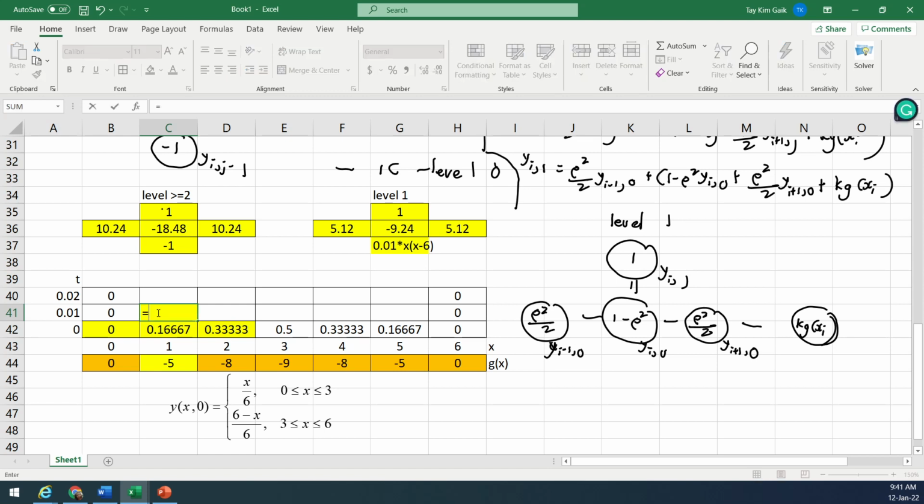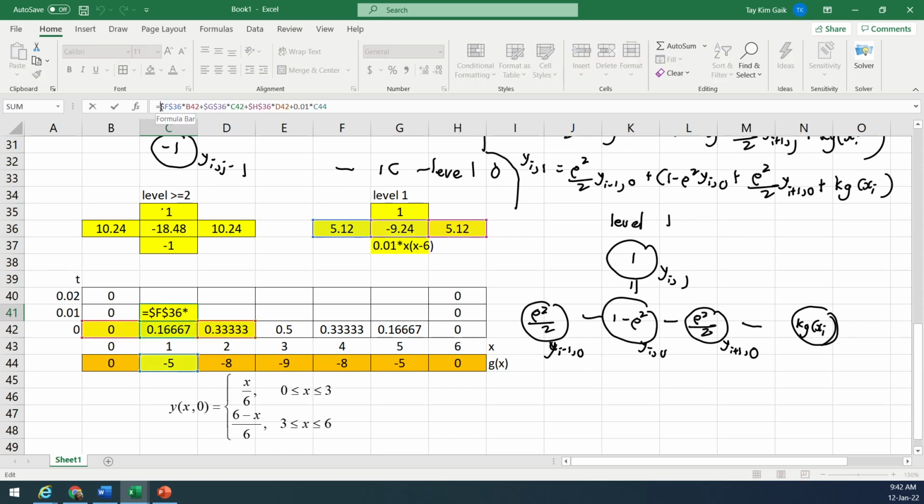You can click this cell, then you need to make it constant by putting dollar signs front and back, or else you type in 5.12 times the left bottom cell, plus the center bottom coefficient multiplied by the center bottom cell, plus the right bottom coefficient multiplied by the right bottom cell in the grids, and then plus k, 0.01, times g(x) already calculated below the x-axis here.